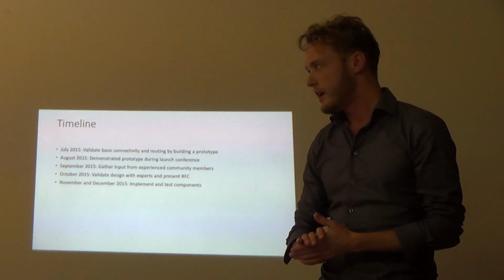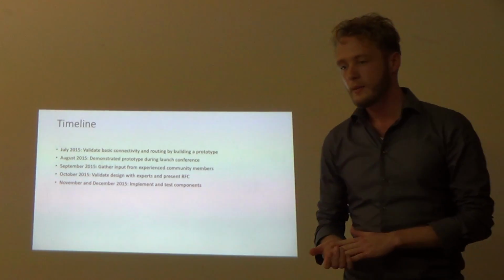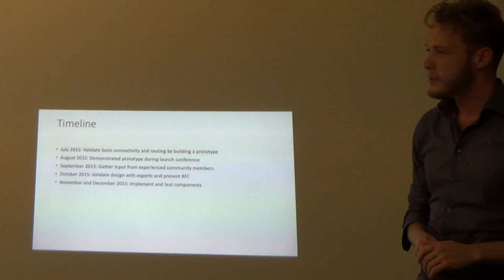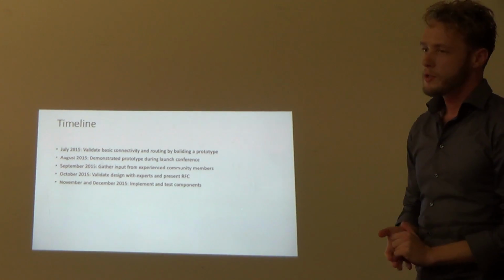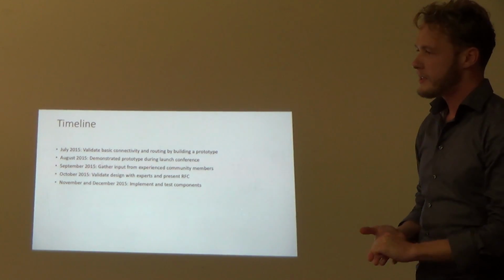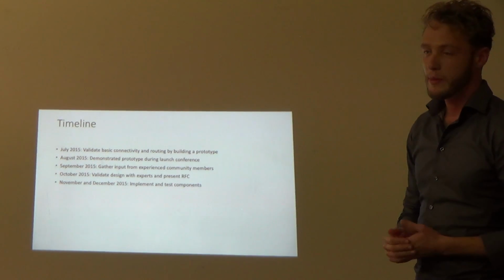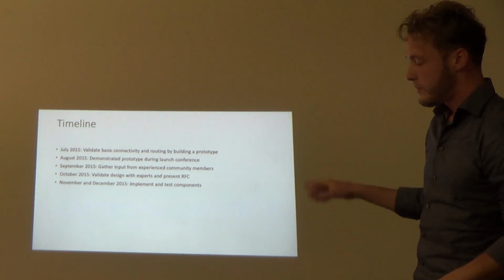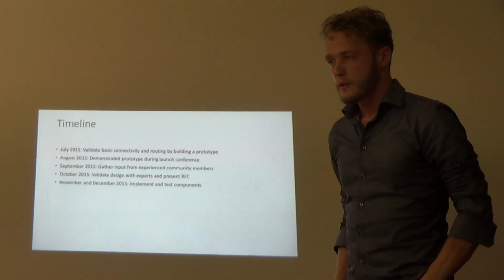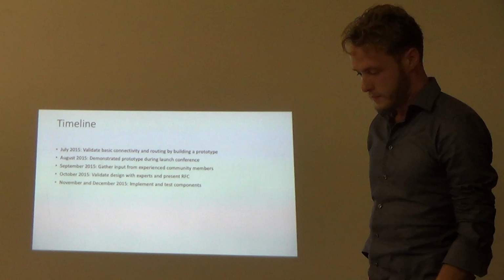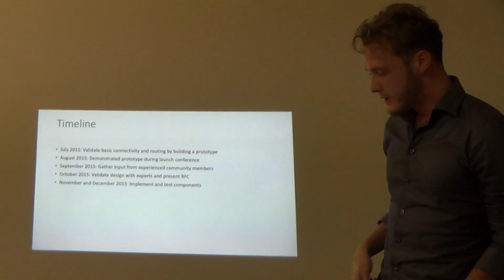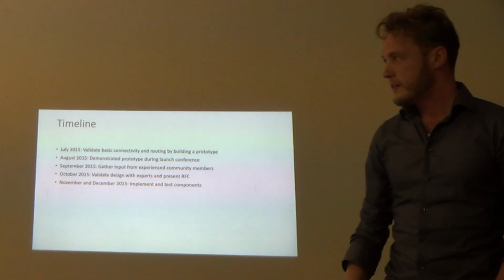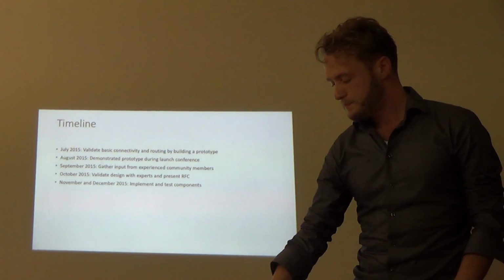In the last weeks we had meetings with skilled people from the community, also outside the community, to see what the network architecture should look like, because it's not as easy as I thought it would be in the beginning. Especially, as I will present later, because of the design principles that we chose. It's not the easiest way out. And from here, we're going to implement it and we're going to test the components.